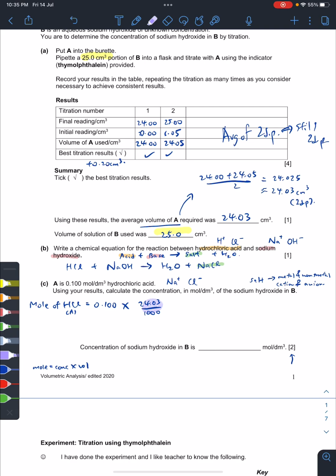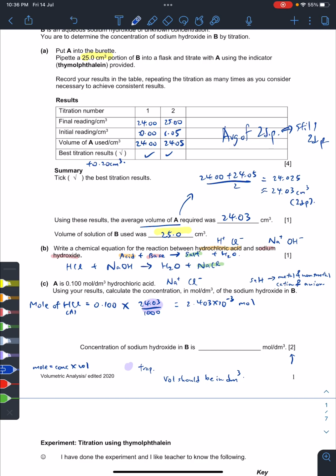This thing is the trap. Volume should be in dm cube. So when you press the calculator, 24.03 divided by 1,000 times 0.1, 2.403 times 10 power minus 3. Cool.